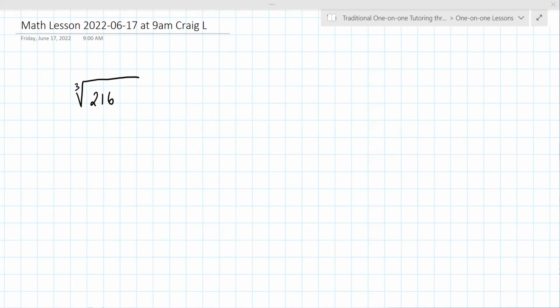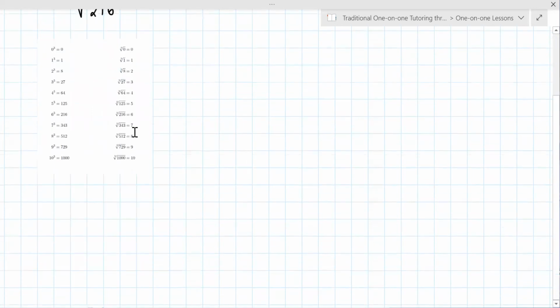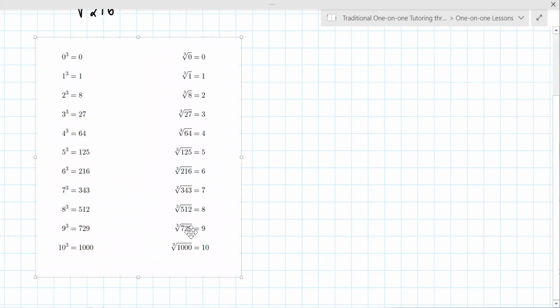All right, so there it is. I came up with a list that I think most students ought to know, especially for standardized testing like you're looking at here. There's a small bit of difference between this and square roots we'll get into, but on the right you can see the cube roots. On the left, these are the cubes. These are just ones that you want to know.